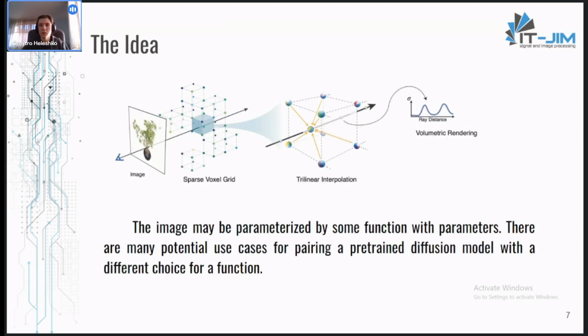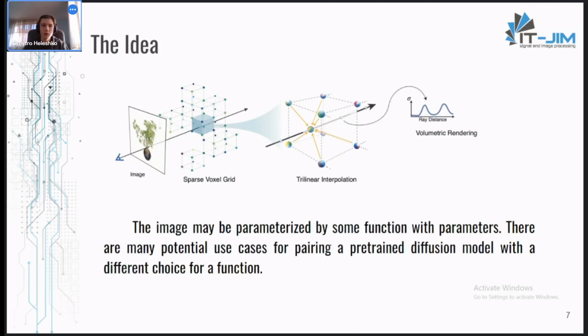So this setup aggregates the 2D scores from multiple viewpoints into a 3D score. And this way, the model is repurposed for 3D data generation instead of 2D image diffusion.